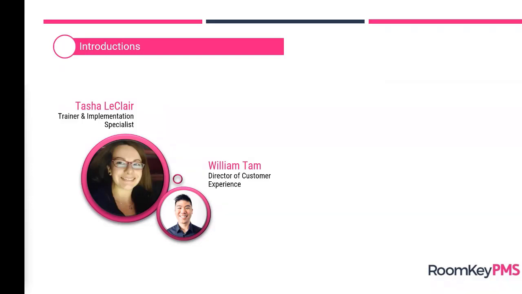Now, William and I are both based out of the west coast of Canada, and I know that we've got a couple of people joining in from all over the place, so I just wanted to open up the floor. On your screen, I'm going to launch a poll, and I just want to know whereabouts is your hotel located? So on screen, you can just tap the pop-up there. Just leave it open for another couple of seconds while we get everyone joining in.